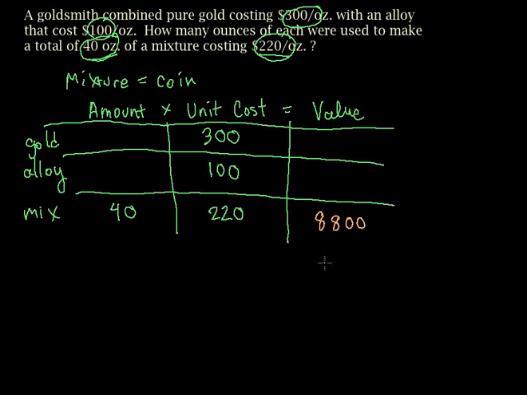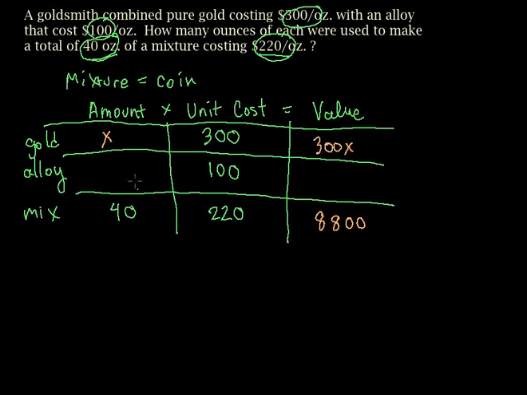Okay, but that's all the other information that we can directly compute, until you realize that you need to, at some point, figure out how much gold you have, right? And so, if we don't know what it is, we can assign the value x. And if we assign that value x, then x times 300, right? First column times second column is third column, 300x.